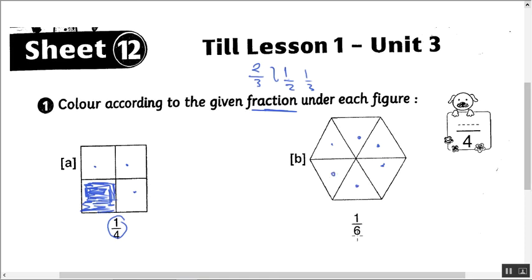We have 6 parts, and we will color only one part. As you like, we can choose this part. We will color only this one part. 1 over 6, or we can say 1/6, like this form.